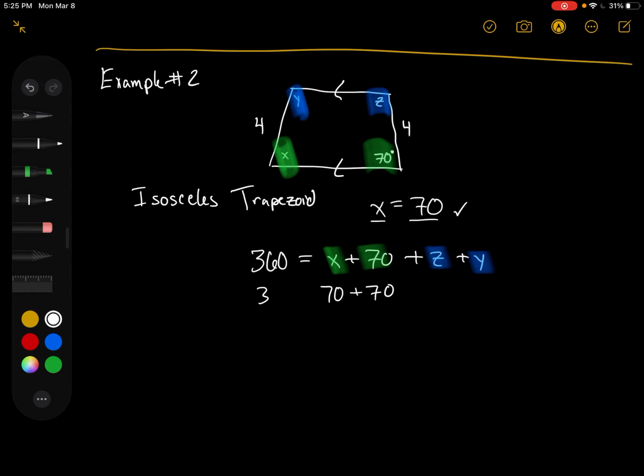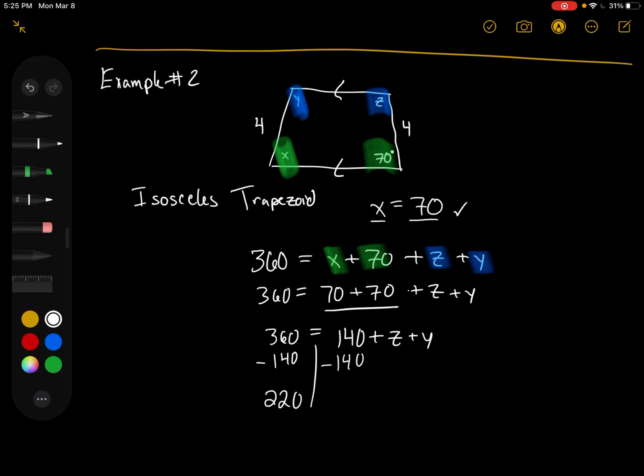We know that x equals 70, so we plug in a 70 here, a 70 here. So 360 equals 70 plus z plus y. Put some like terms together, 140 plus z plus y equals 360. And keep going. Get everything as simplified as we possibly can. And we're left with 2 variables.